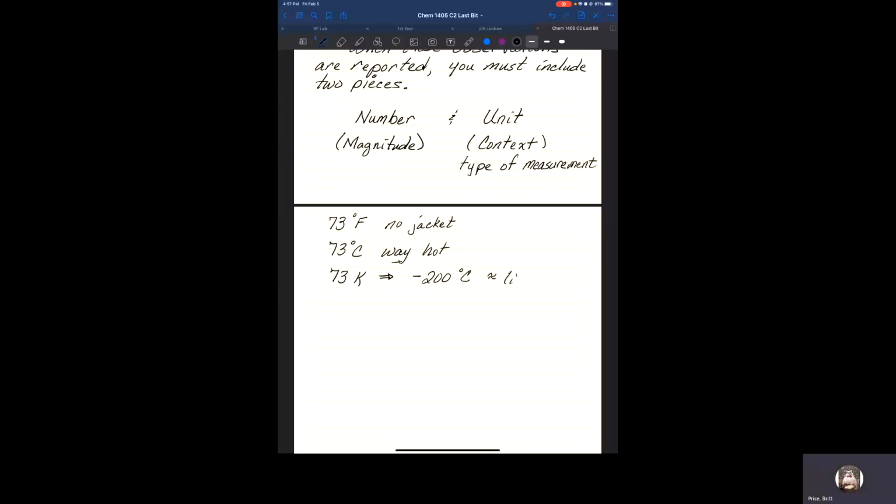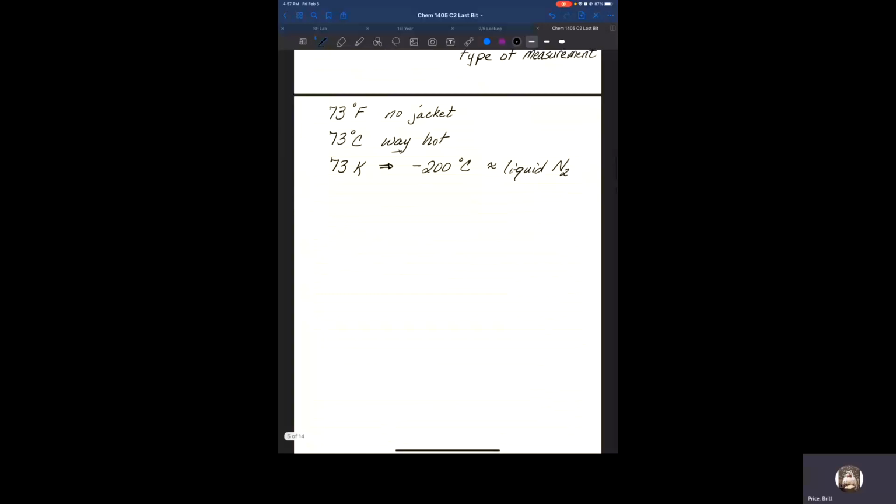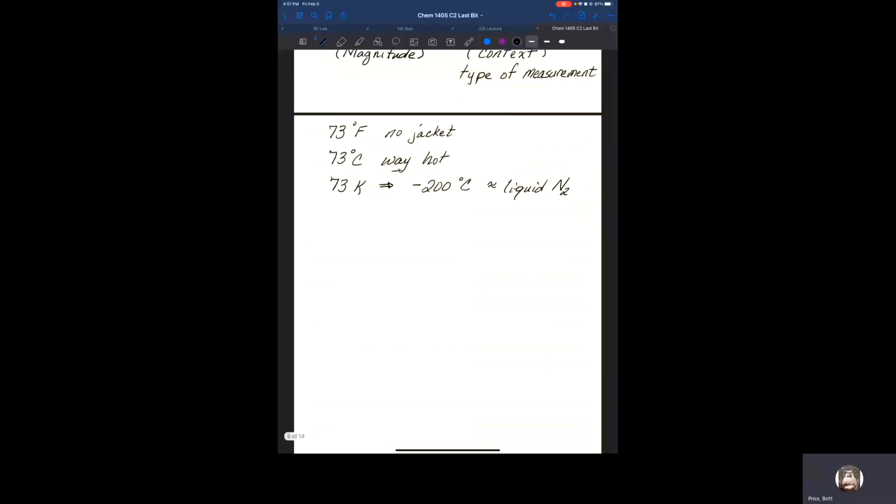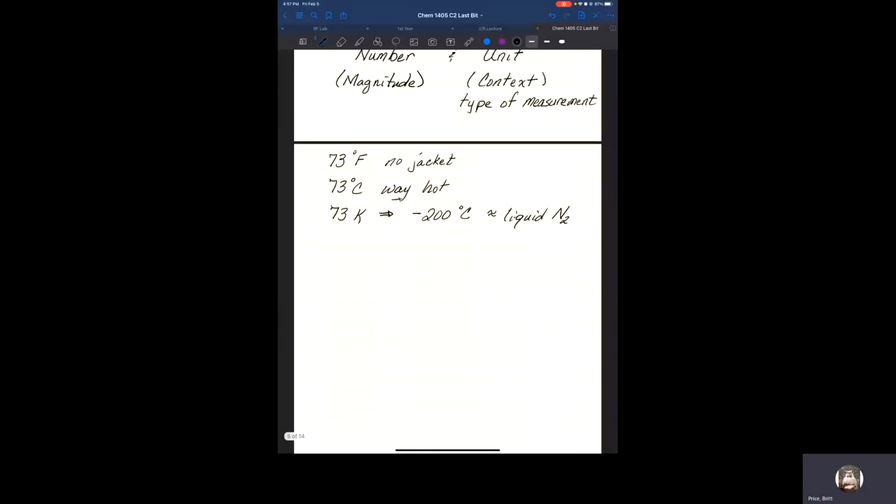And I take it back, that is liquid nitrogen type temperature. So incredibly cold, freeze you, freeze your skin, extreme frostbite, just not a good idea. So the question of, do I need a jacket or not, all depends upon what unit.